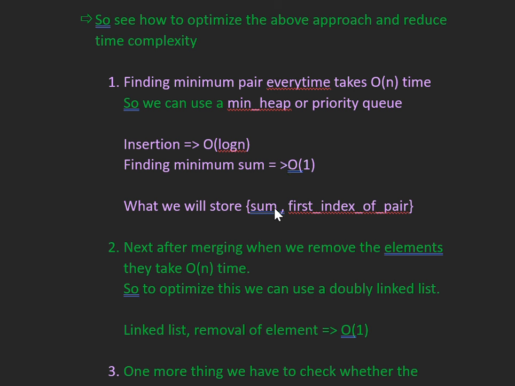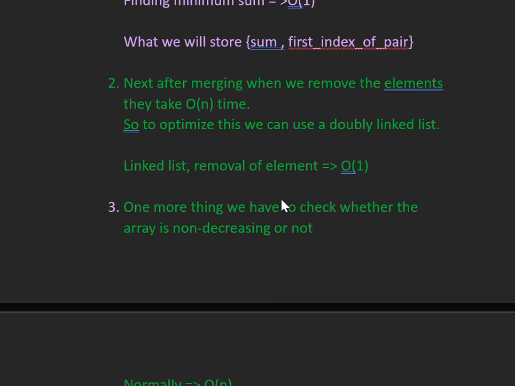So we'll store the sum of the pair and the first index of the pair. Suppose the pair is at index 3 and 4, we'll be storing 3 here. So finding the minimum pair, which earlier took O(n) time, can now be done in O(1) time once we insert all the elements.